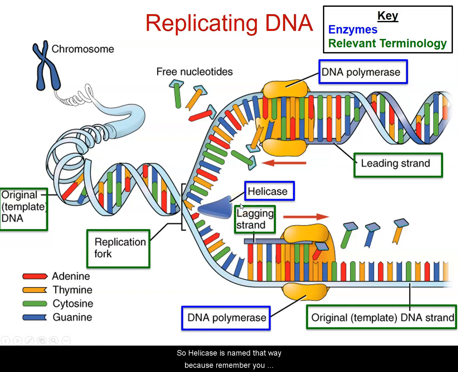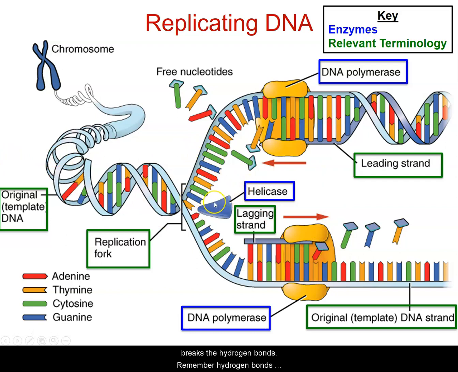You can look at how an enzyme functions based solely on how it's worded and spelled. So helicase, because it ends in ASE, is an enzyme that has something to do with the helix. And in this case, helicase is an enzyme that unzips the DNA double helix.